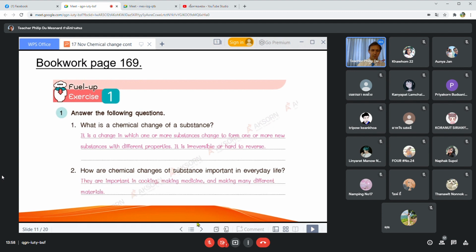Okay, so let's see. Cooking, make medicine, and make other materials. You can also add ripening of fruit. Because you don't want to eat green bananas. You don't want to eat green mangoes. Ugh, it's very bad.